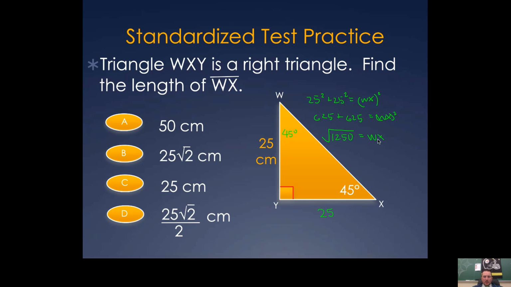So the square root of that is how long this is. So if you type this into your calculator, it'll give you one of these answers. What is the square root of 1250? Gives me 35.36.